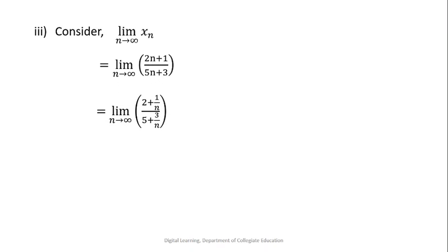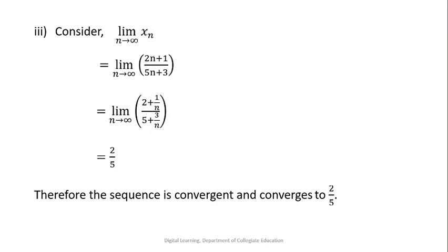On simplification, here we will take n as common, then we will get limit of n tends to infinity (2 plus 1 by n) divided by (5 plus 3 by n). Applying the limit as n tends to infinity, we will get 2 by 5. Therefore, the sequence is convergent and converges to 2 by 5.